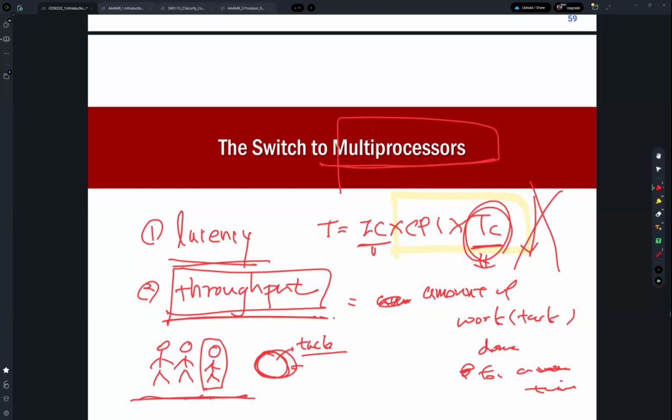It's the same. So we cannot improve the latency of a single task, a single thread, but we can increase the throughput by increasing the number of processors, the number of cores. So this is called the multiprocessor or multi-core architecture.